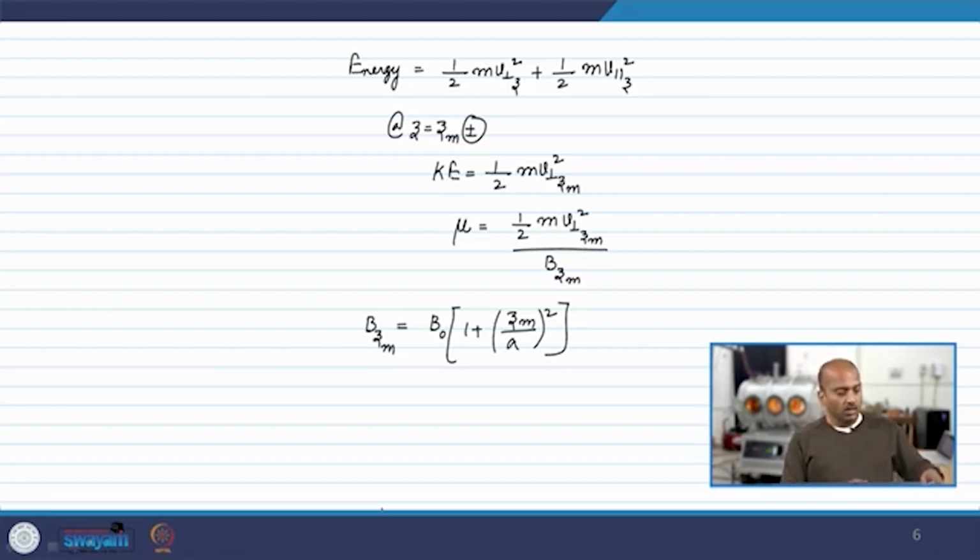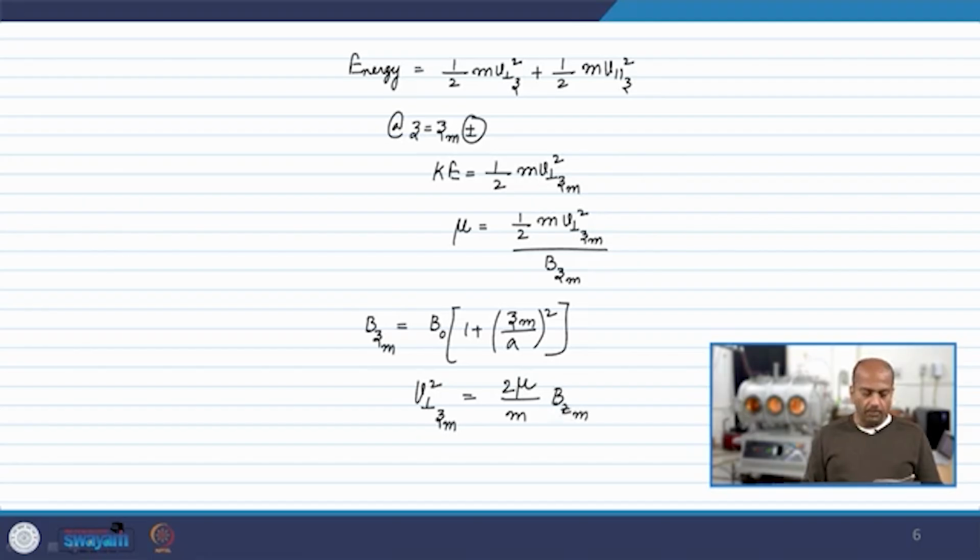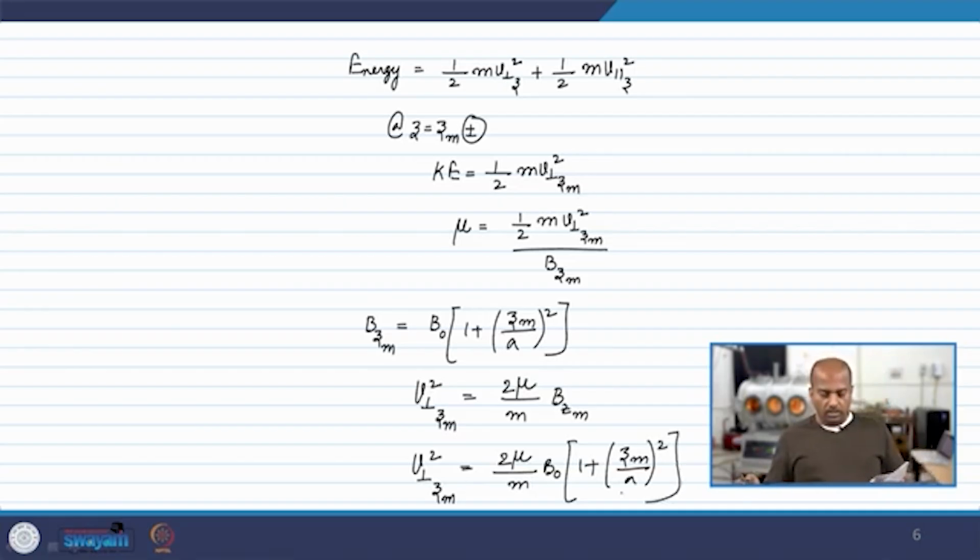If you have done that, let us see. So, from the first formula, v perpendicular Zm square is equal to 2 mu by m times B naught times 1 plus... Same thing actually.